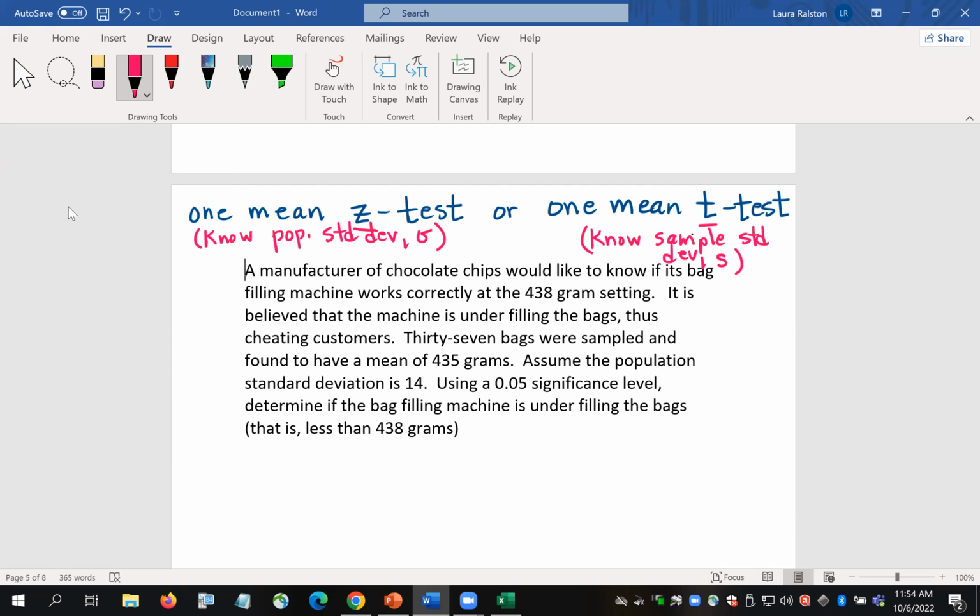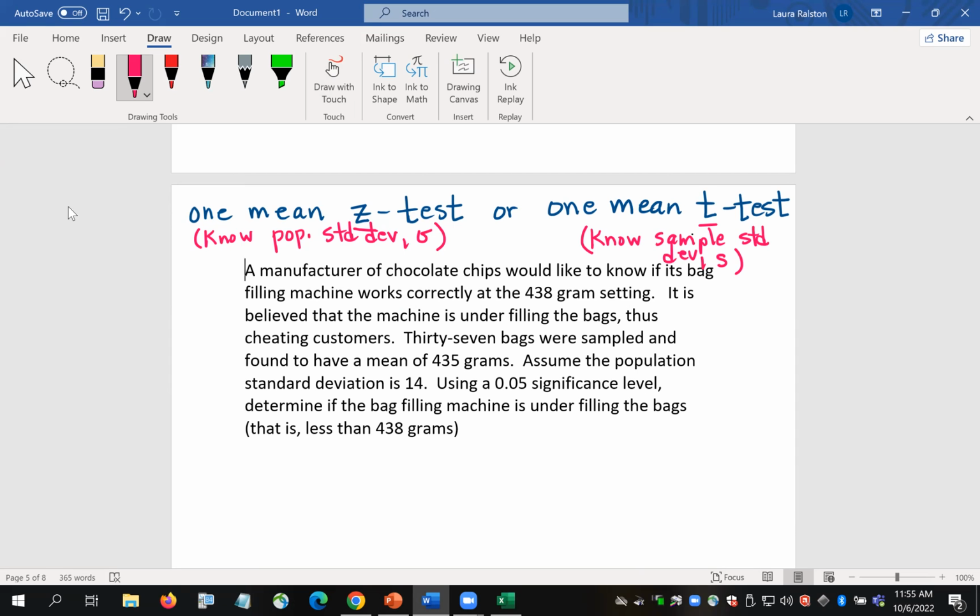So again, in a lot of these questions, they may tell us to make that assumption. Again, in reality, we would do something like the Anderson-Darling test to verify that it is normal. Okay, so that's how you're going to make the distinction: do you know the population standard deviation or do you not know the population standard deviation?